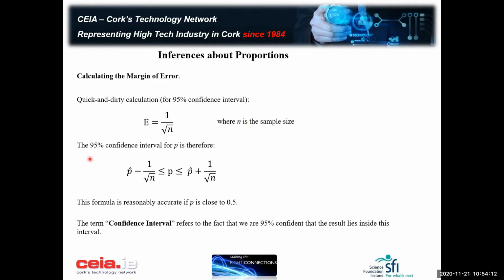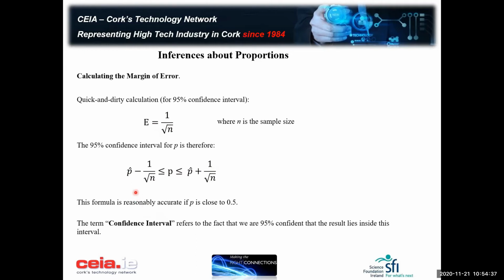And then you can be 95% sure that the population proportion p lies within this much on either side of the p hat, which is the proportion that you've measured from the sample.